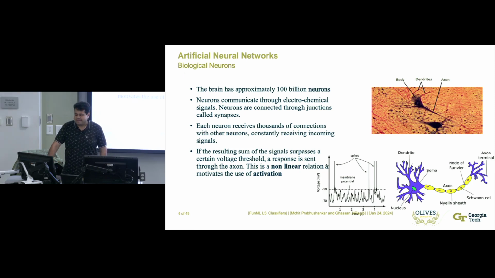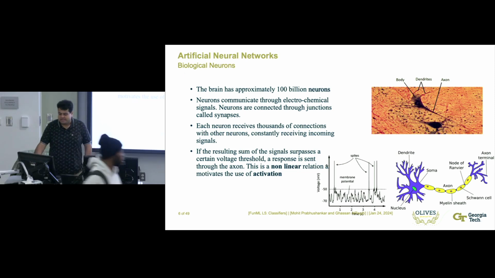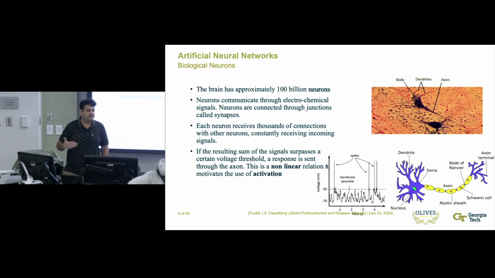The most important part that we are interested in from a computational perspective, because we want to use this to construct a classifier, is the computational part of it. There are incoming signals that come in. You can think of it as touch or your vision. The vision system is probably easier to understand.